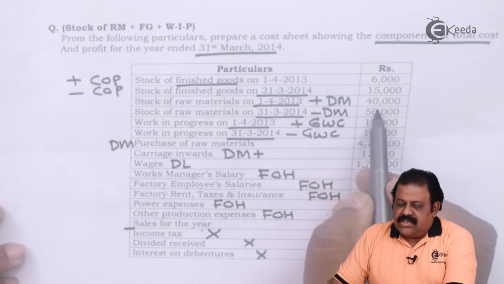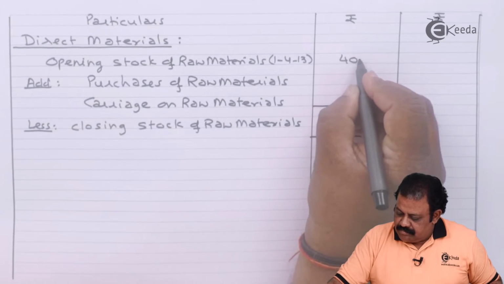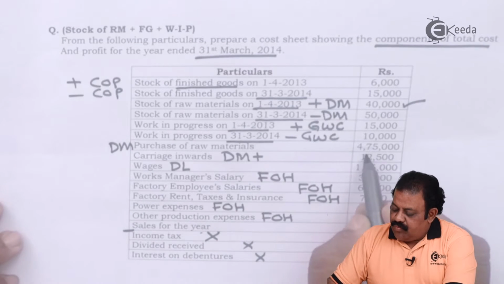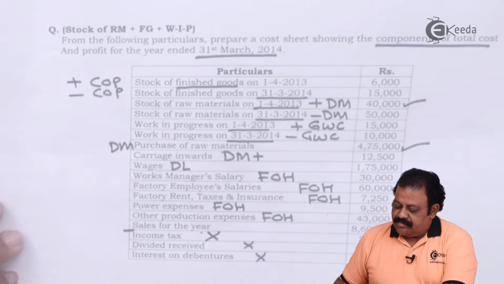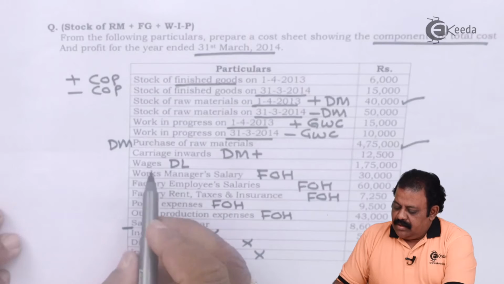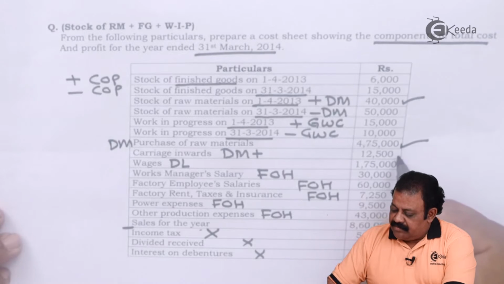Opening stock of raw material is rupees 40,000. Purchase of raw materials 4,75,000. Carriage on raw material, carriage inwards rupees 12,500.